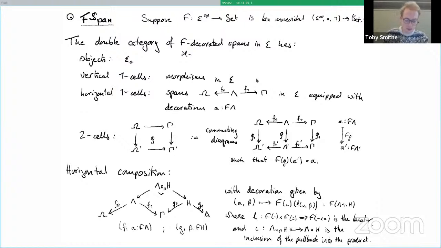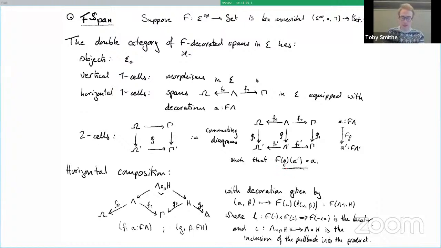Okay, and the two-cells are just going to be these kinds of commuting diagrams. So I've got a morphism on the apexes of the spans, and it has to satisfy this condition that if I pull back the decoration on the codomain, lambda prime, to the decoration on the domain, lambda, then these things are equal.